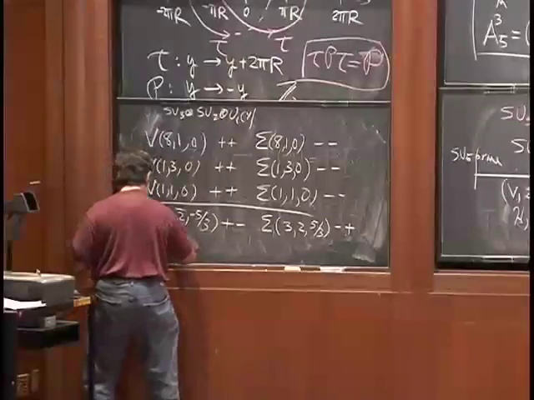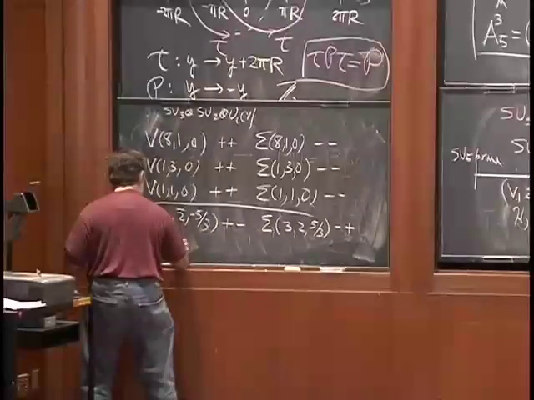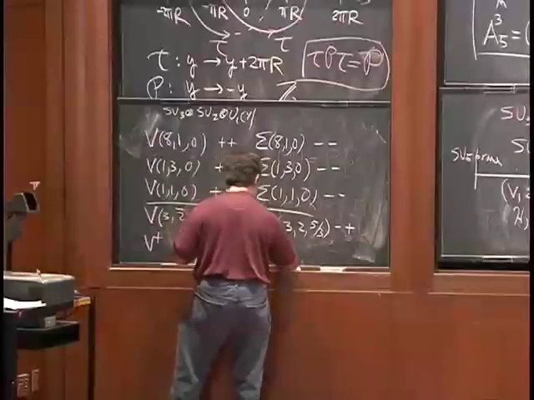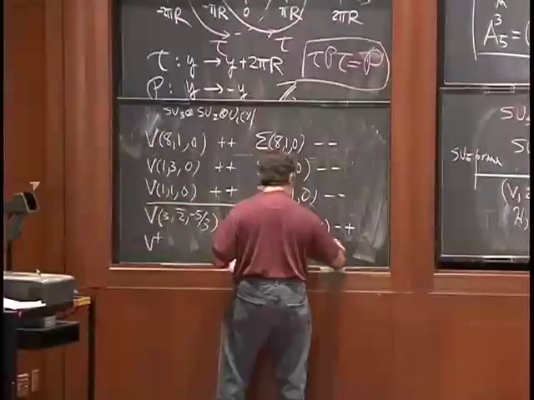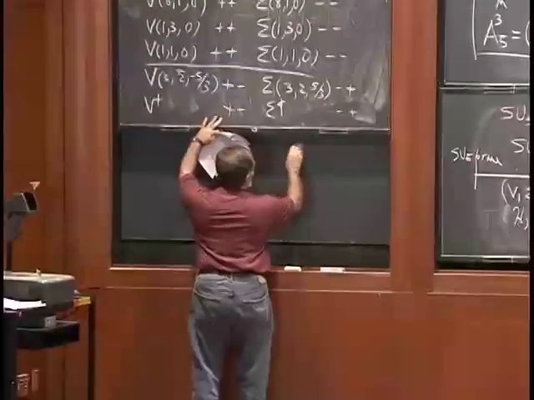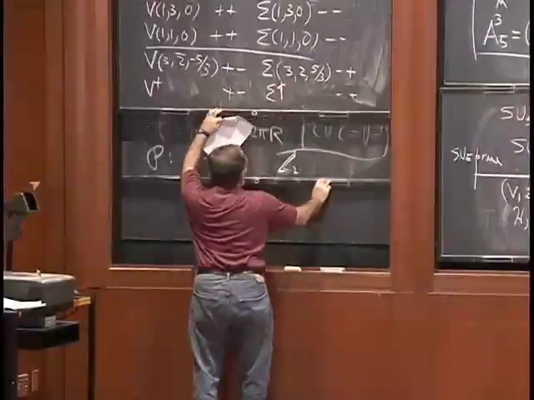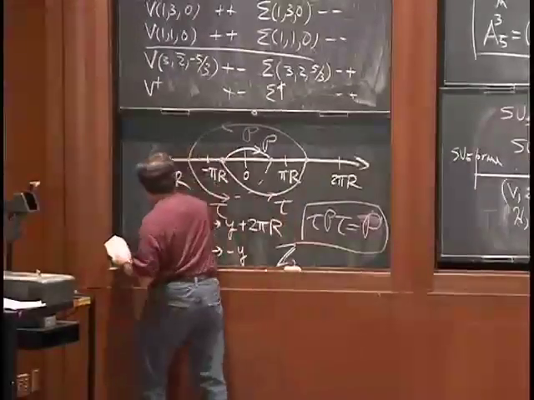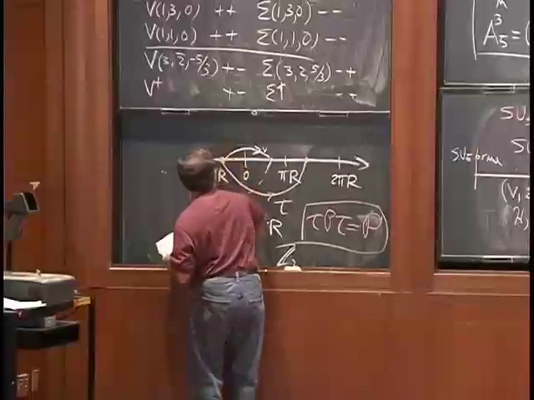And similarly, the conjugate of these guys have the same boundary conditions. If we look at the Higgses, we have the following parity operations, or boundary conditions for the Higgses.